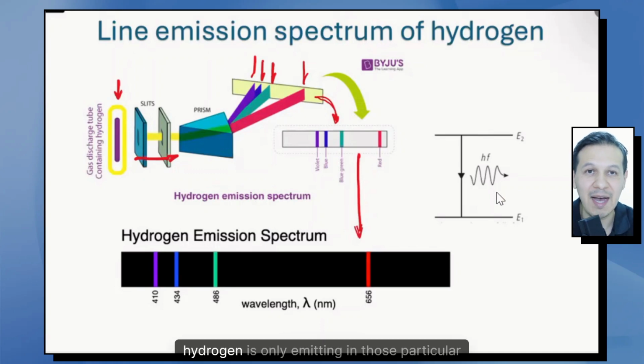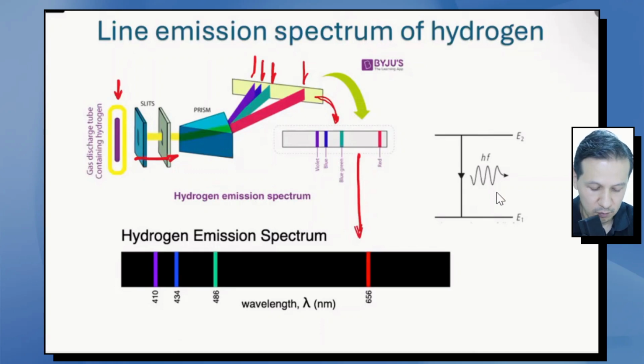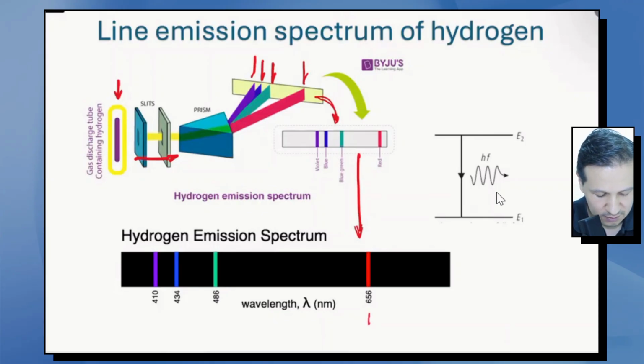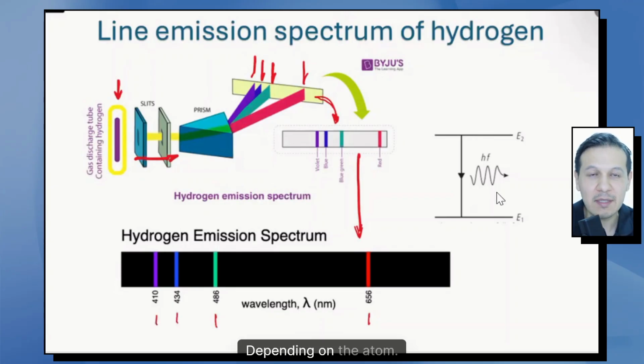As you see, hydrogen is only emitting in those particular wavelengths: 656, 486, 434, and 410. Depending on the gas that is discharged in the discharge tube, the gas will emit a different emission spectrum.